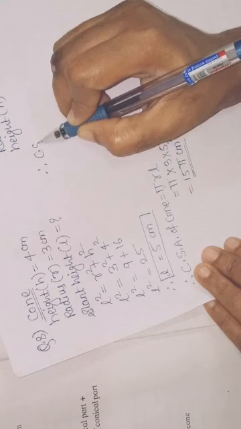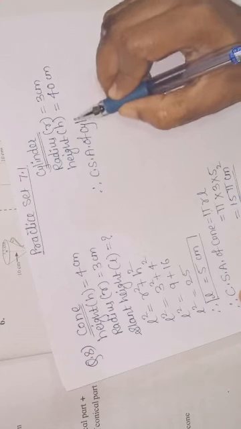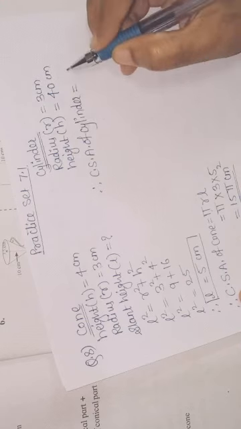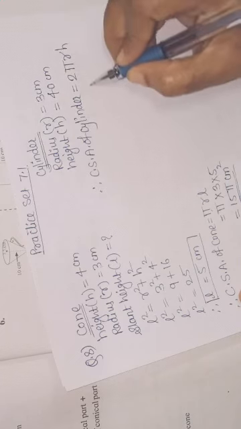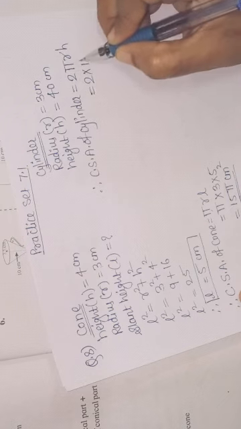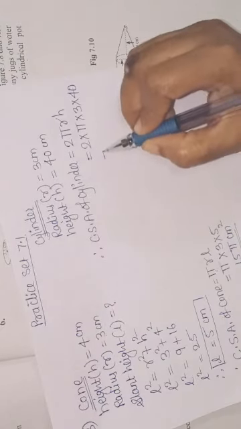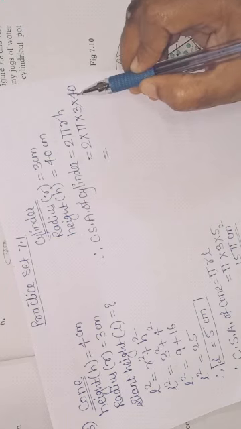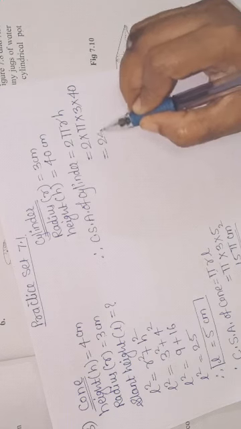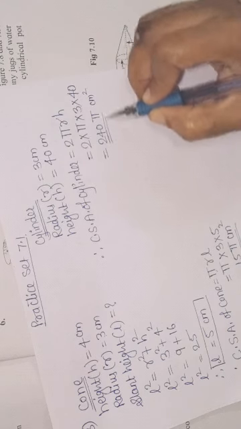Therefore, curved surface area of cylinder, formula is 2 pi r h. 2 into pi into 3 into 40. 2 3s are 6. 6 4s are 24 and 0. So 240 pi centimeter square. This is curved surface area of cylinder.